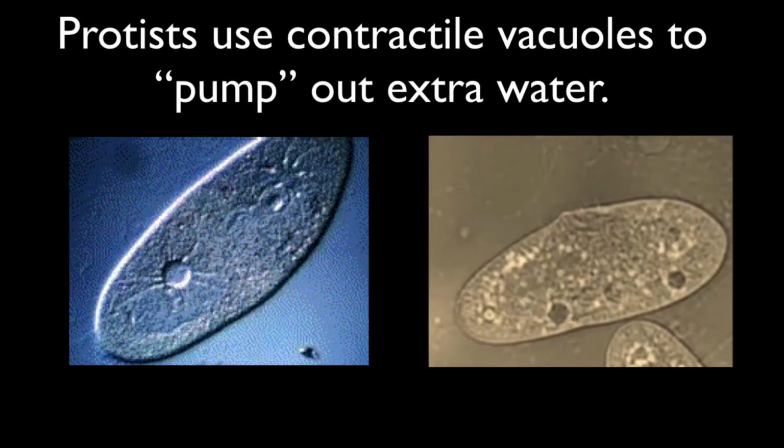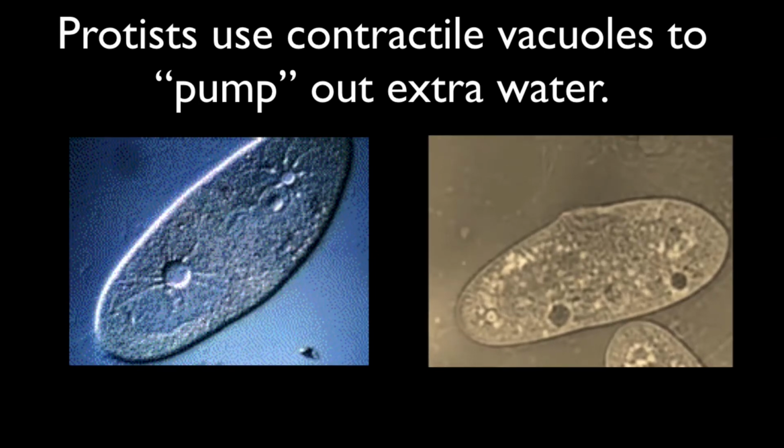Now, vacuoles can also play a special role in protists. These single-celled organisms live in freshwater environments and because of that are constantly taking up water. And so they have these special vacuoles called contractile vacuoles that essentially can contract and relax in order to pump any extra water out of the cell.